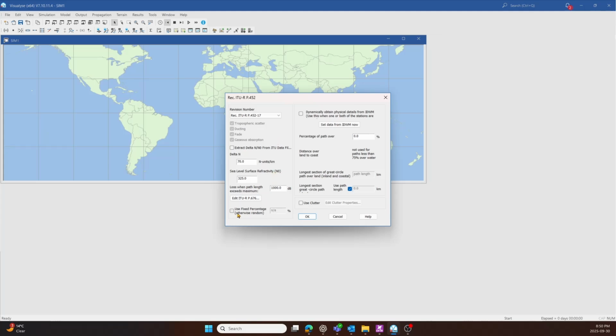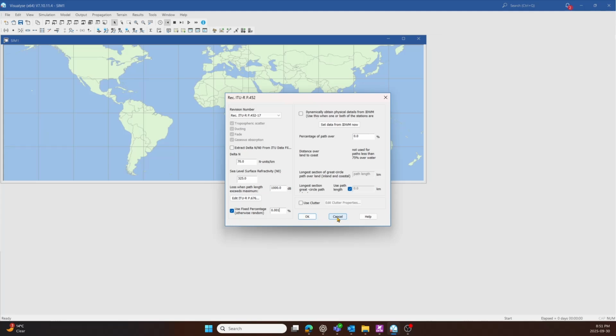For example, here there is a parameter, use fixed percentage, otherwise random. They don't even explain what it is, but it's like a time percentage that is used inside this recommendation P.452. And if you change this to other values like 20% or 10% or even lower values, this is going to change the results tremendously.